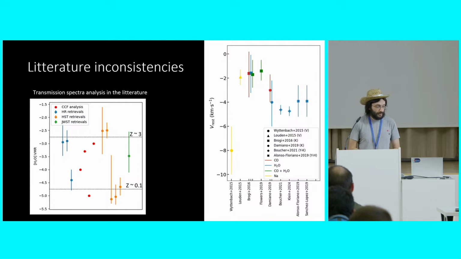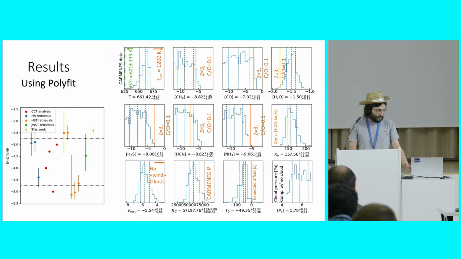And in addition, we can see that this doesn't seem to depend, for example, on the species that is studied to retrieve this value. So here are the results using polynomial fittings, like I said, something that works with our framework.